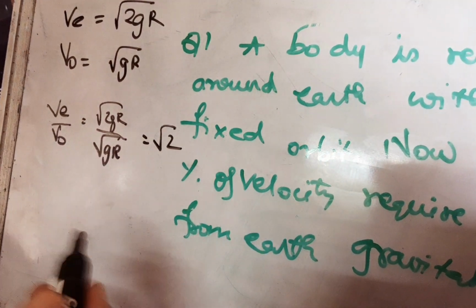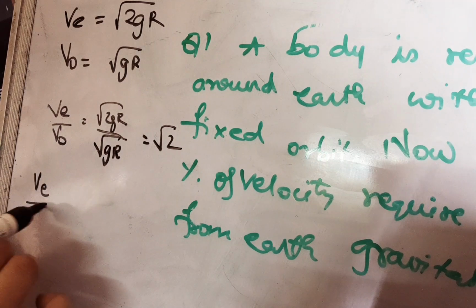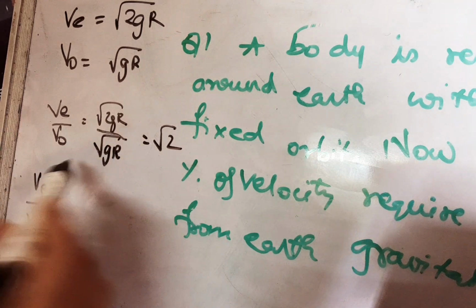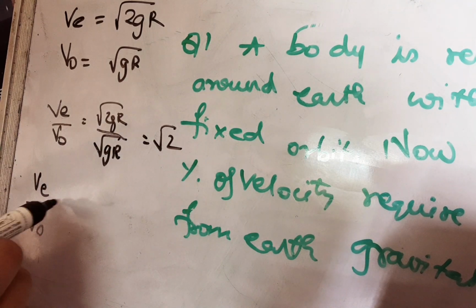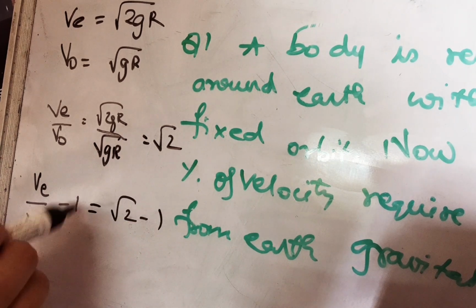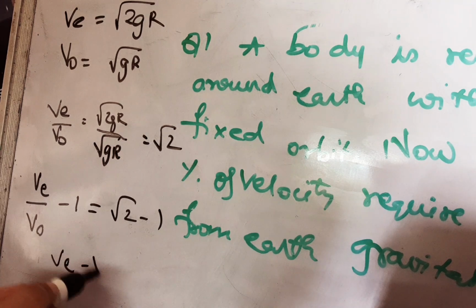So excess percentage. Excess means how much more it is, by what percentage it is greater. So ve by v0 minus 1 is equal to root 2 minus 1. Both sides you should do minus 1. So here we will get (ve minus v0) upon v0.